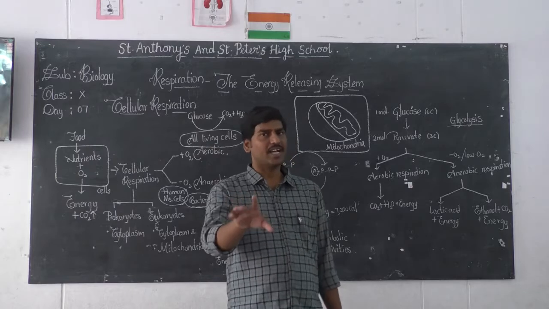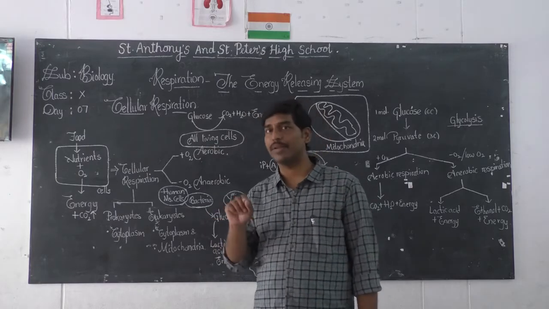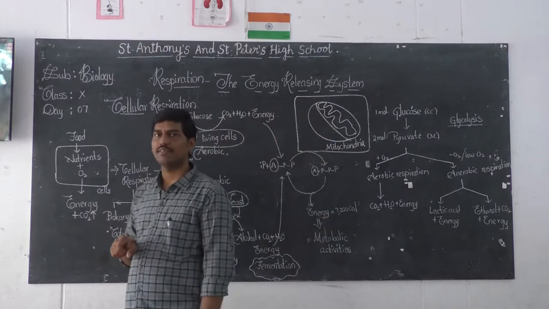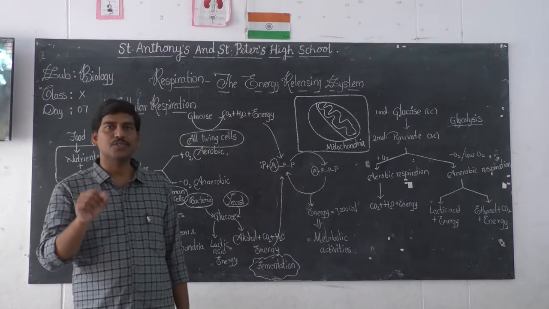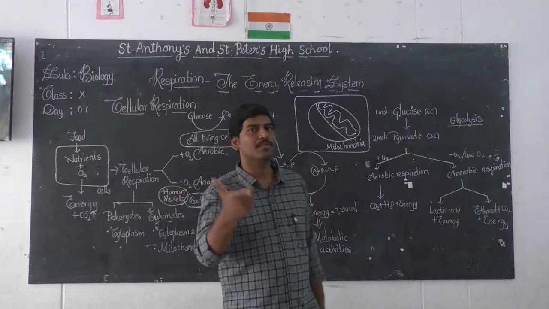I have told you that energy is being liberated by the breaking down of nutrients. That means we need to understand that energy is stored in these chemical substances. The food materials, the nutrients, are nothing but chemical substances.